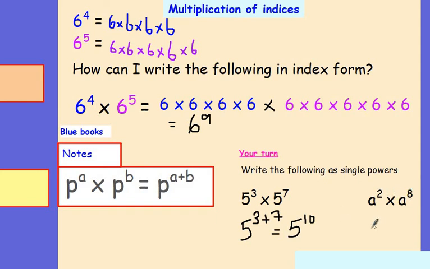So my base is a. My powers, I add together my 2 and my 8. So this will leave me with a to the power 10. So every time you see something in index form multiplied by something in index form and that base is the same, we can just add the powers together.